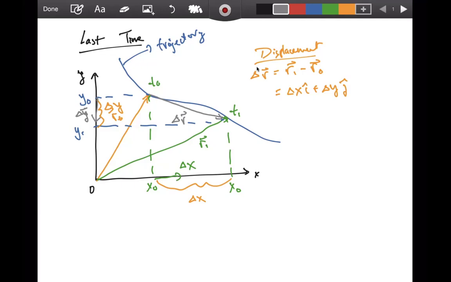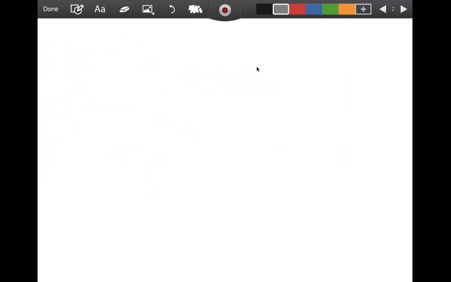Next, our velocity that we came up with. So let's talk about our velocity. The average velocity is simply equal to, so let's write this down, the v average is equal to the displacement divided by the change in time.